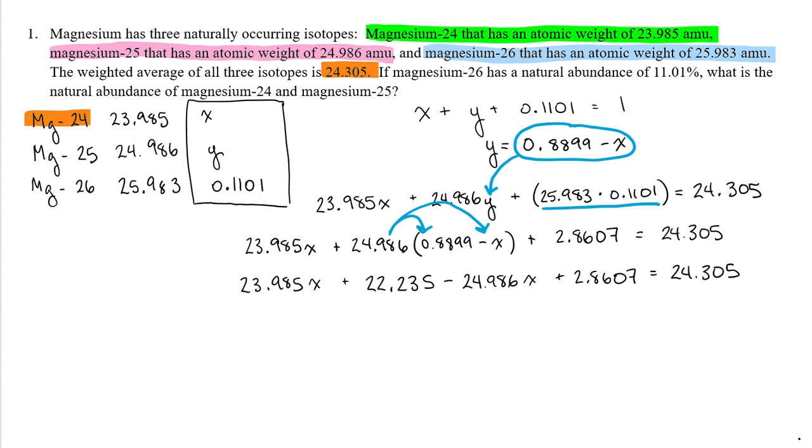The reason I screwed up is because I got a notification on my computer, and so I got distracted. But here we go. Now that we're to this point, we are going to combine the like terms.